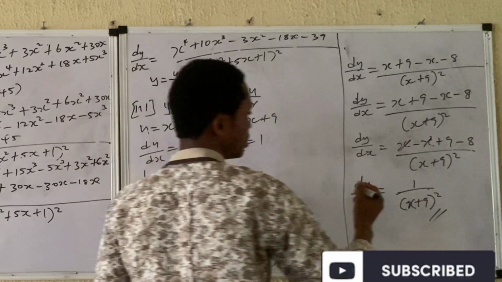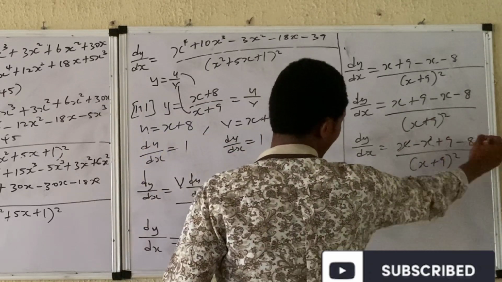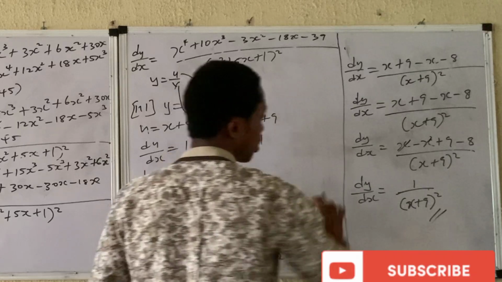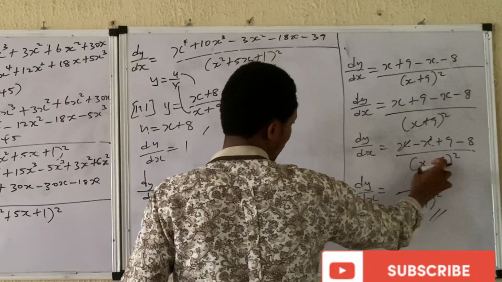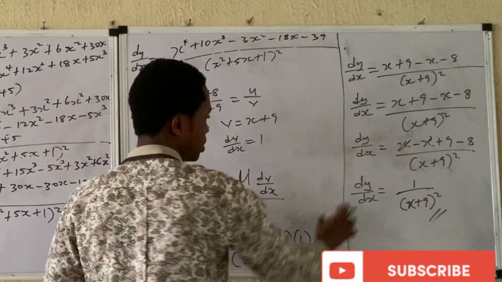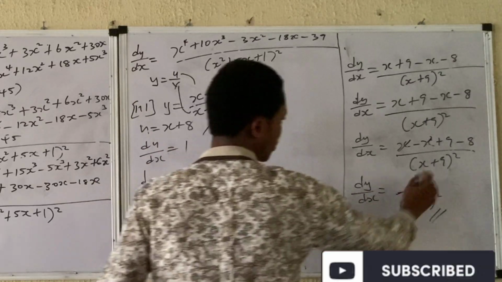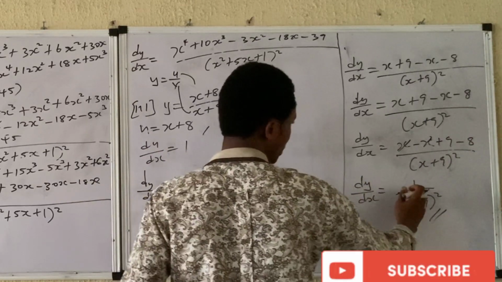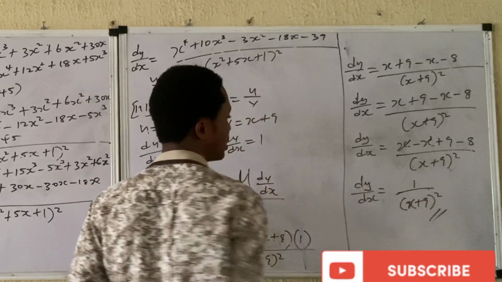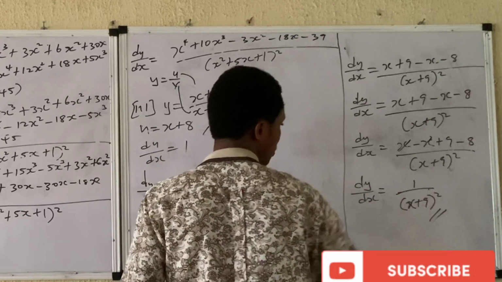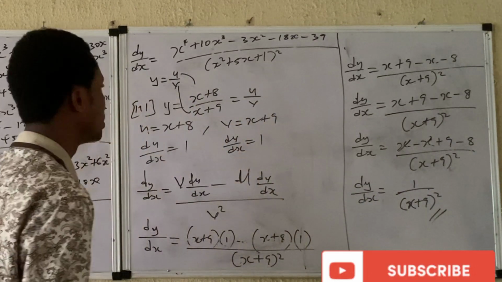While 9 minus 8 will give us 1 all over (x + 9) raised to the power of 2. dy/dx equals 1 all over the denominator (x + 9) to the power of 2. So that is it for this one.